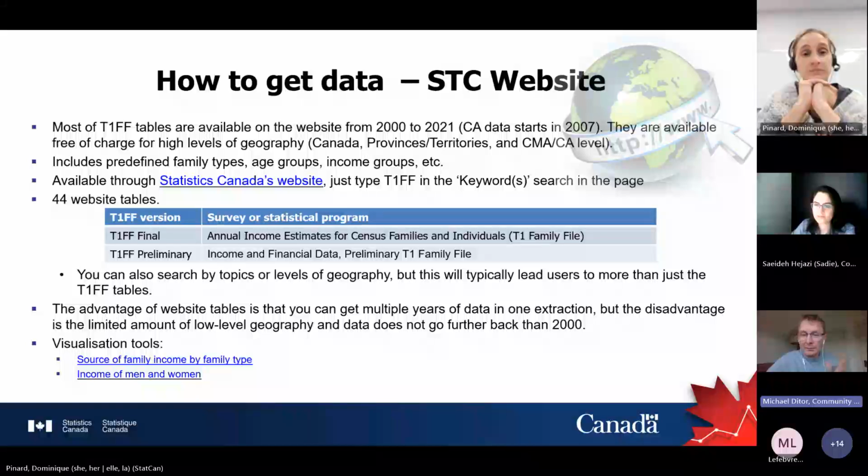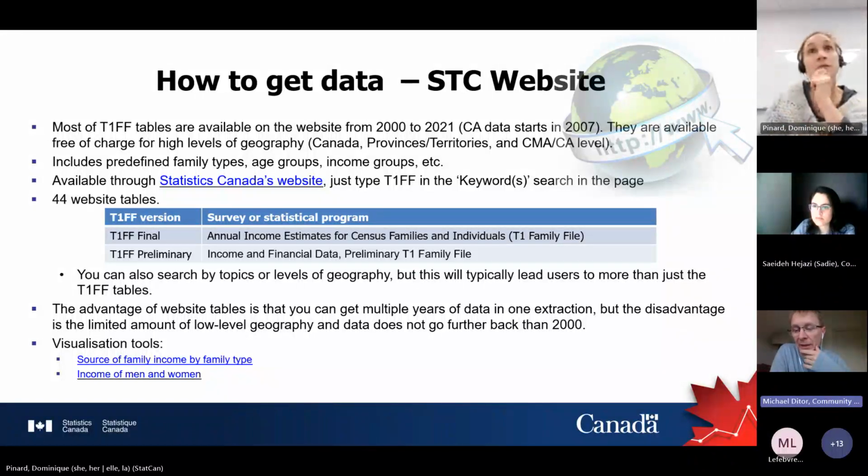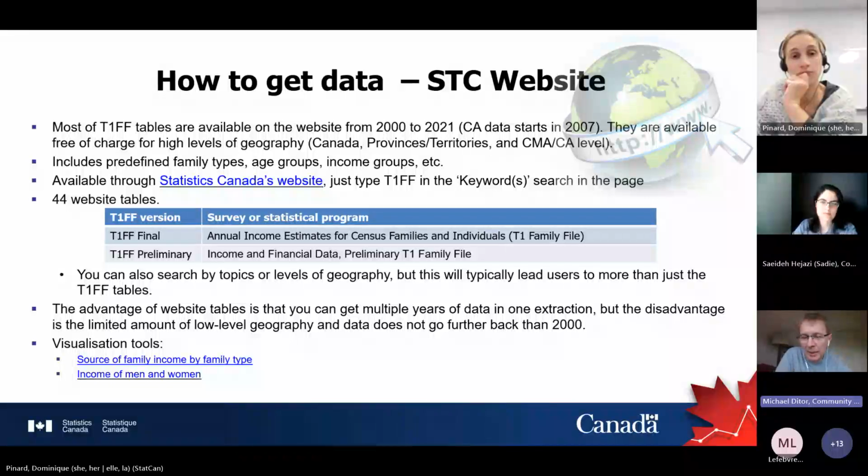I think probably the question was sort of towards what we can get from the StatsCan website, so I'll let you answer that. And if people have questions about how to get tax filer data from the CDP catalog, I would say start with the catalog, have a look, use the filters to find it, but certainly get in touch with us if you have specific questions. We're more than happy to help.